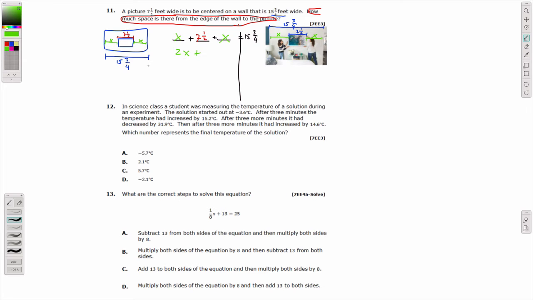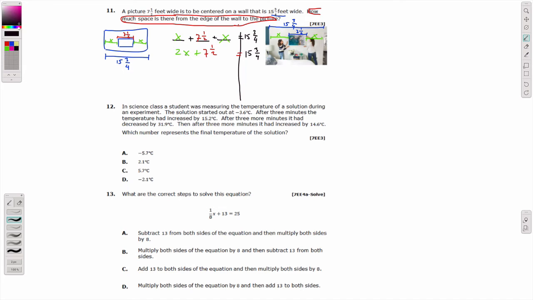plus 7 1/2 is equal to 15 3/4. I've got 2x. I want to know what x is.